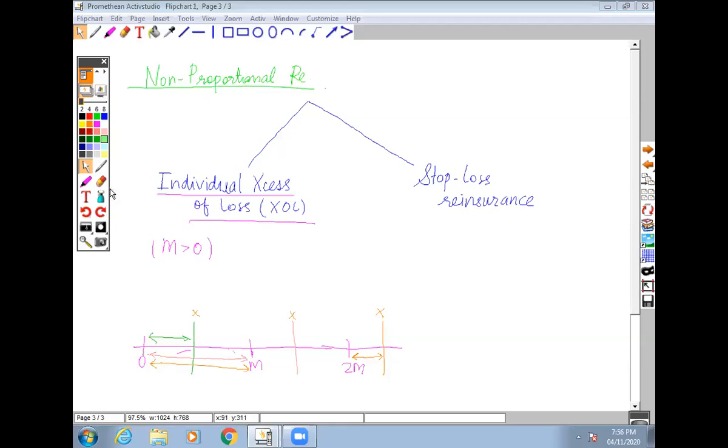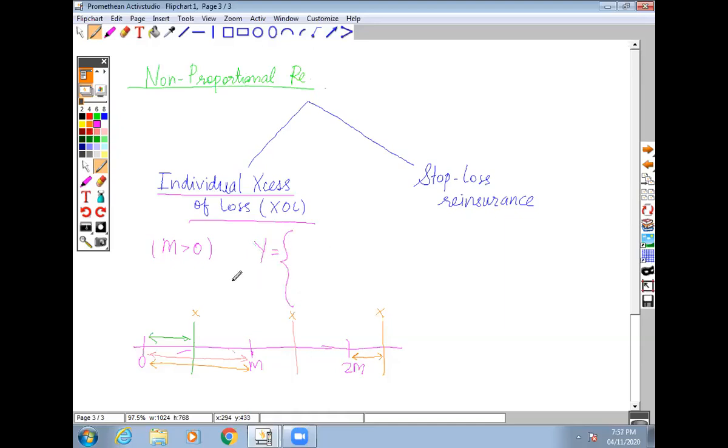So we have Y. I'm looking at Y, and my Y here is the portion that the ceding company will incur. So what do you guys think will happen?